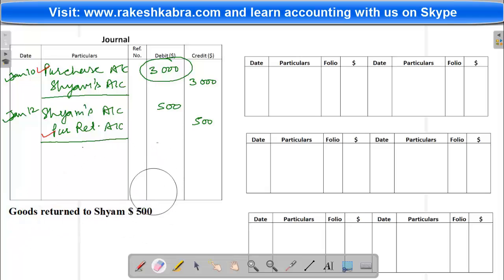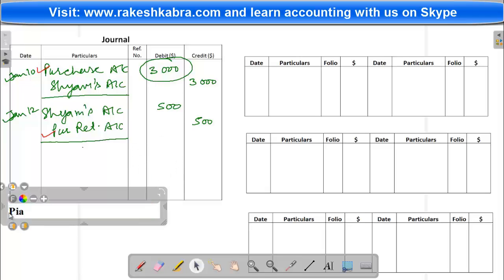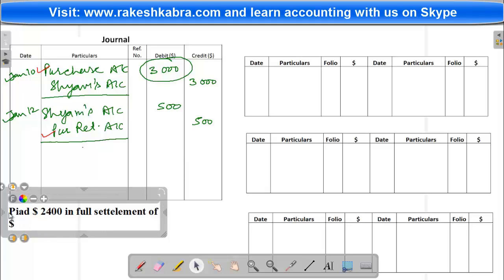Now see the third transaction. Paid $2,400 in full settlement of $2,500 to Shyam.